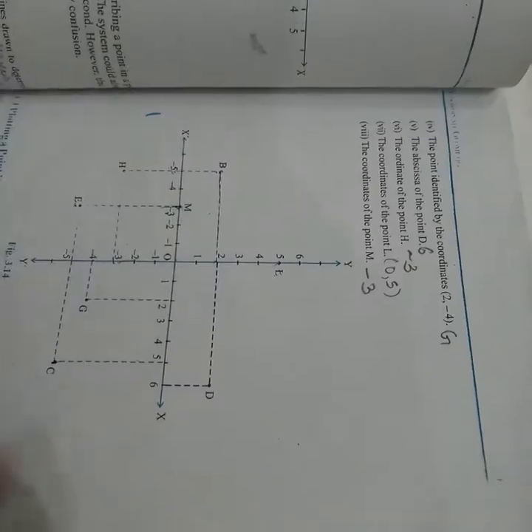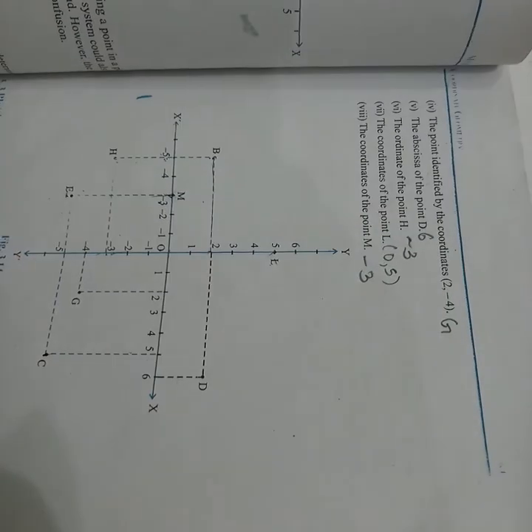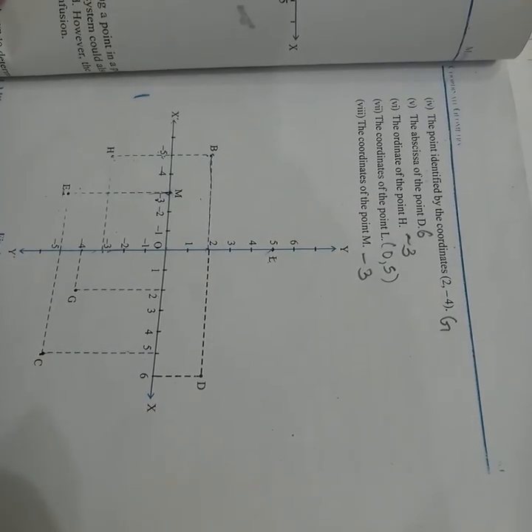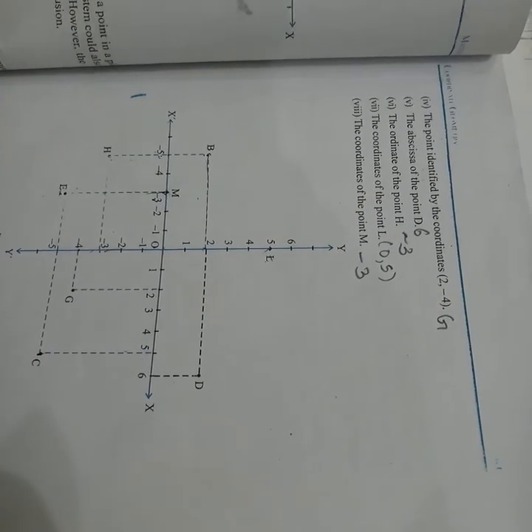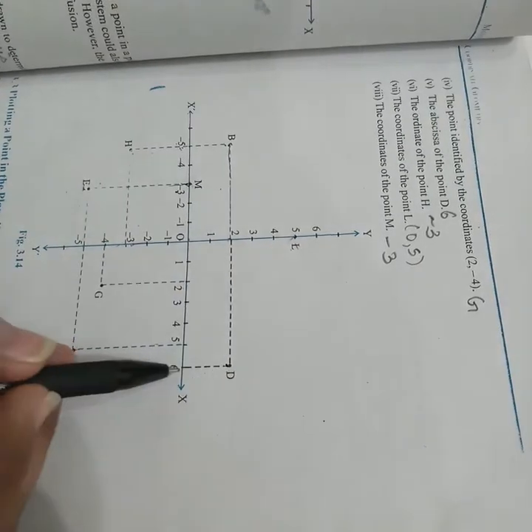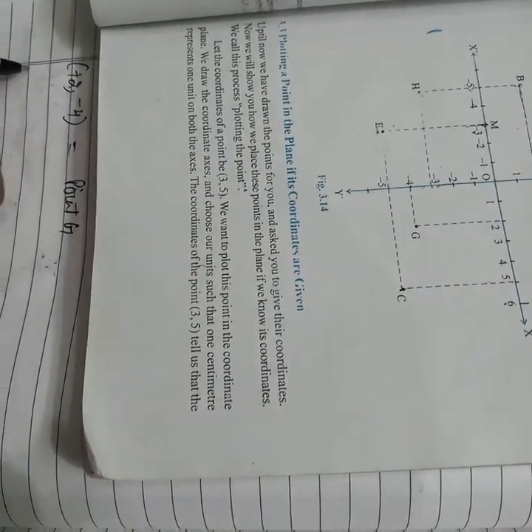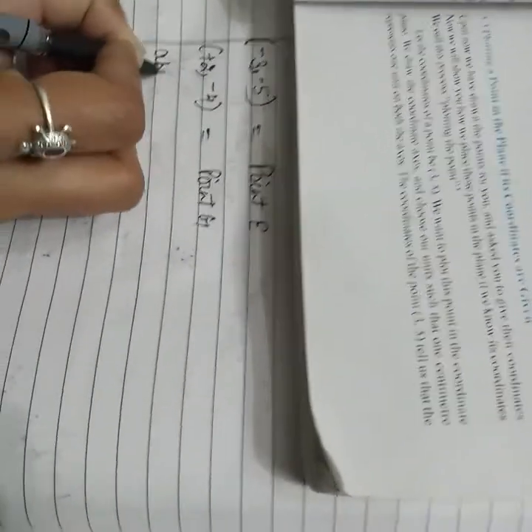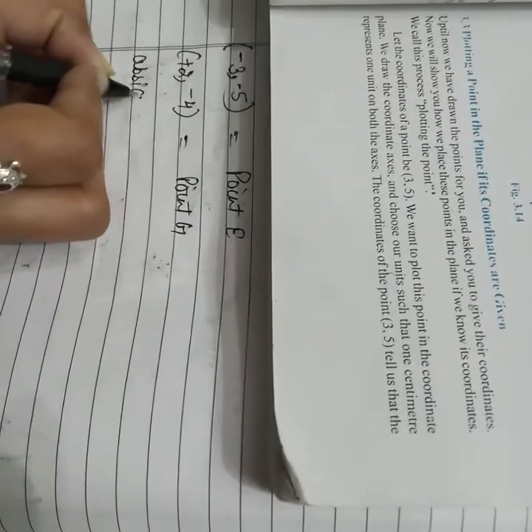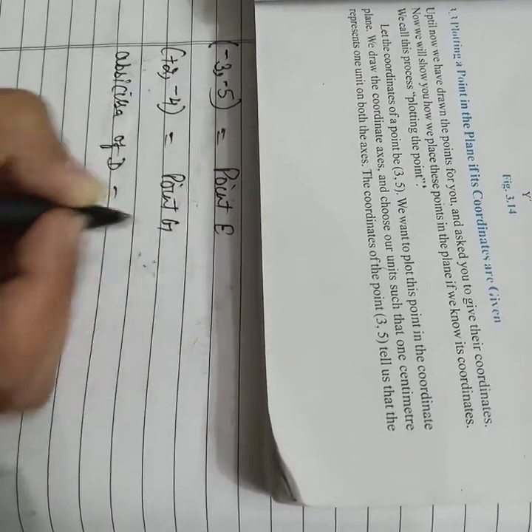Now next is the abscissa of point D. I already explained the x coordinate is called abscissa. Therefore at point D we have to check the value of x. Here x is 6. Therefore abscissa of D equals 6.